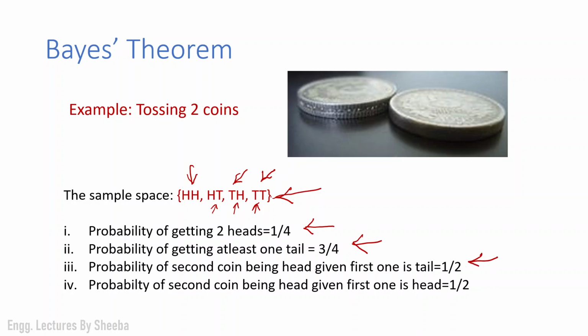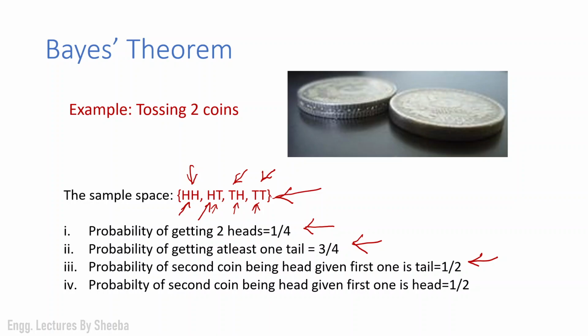Now consider the fourth one: the probability of the second coin being head given the first one is head. What is the meaning of this? The first one is already given head, and you are going to find the probability that the second coin will also give you head. With the first one head, you have one event here and another event here. So in total 2 events are there with the first coin giving head.